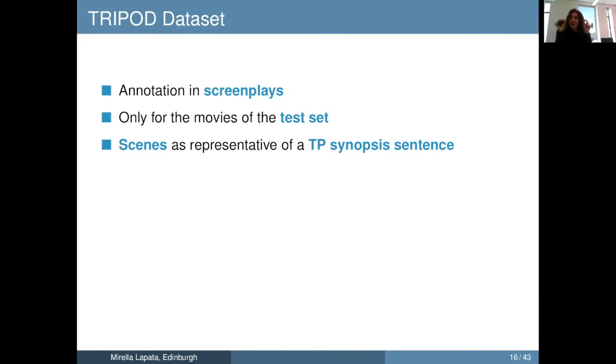Now we are making an assumption here, and this is important for the rest of the talk. We are assuming that a scene will be representative of a synopsis sentence.